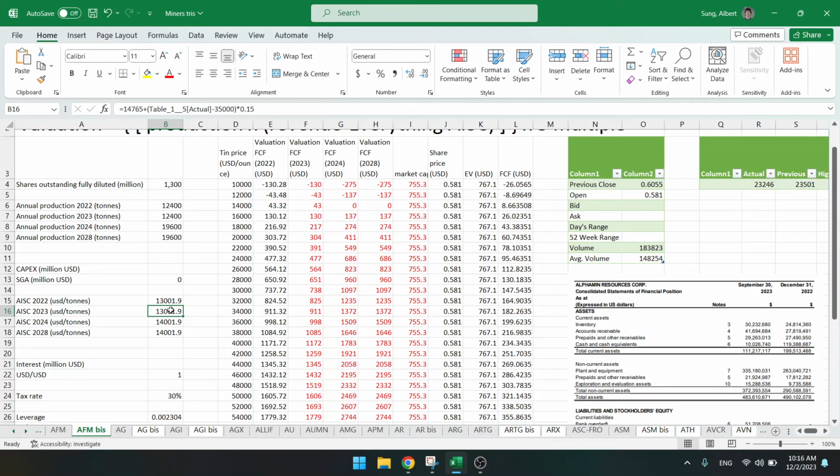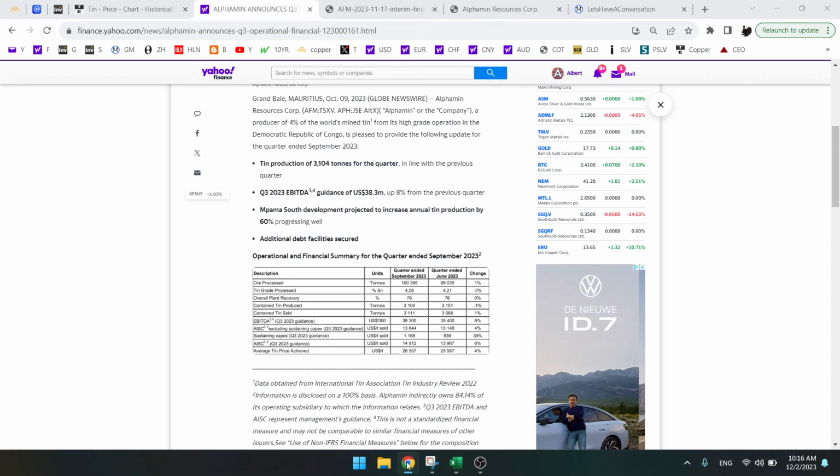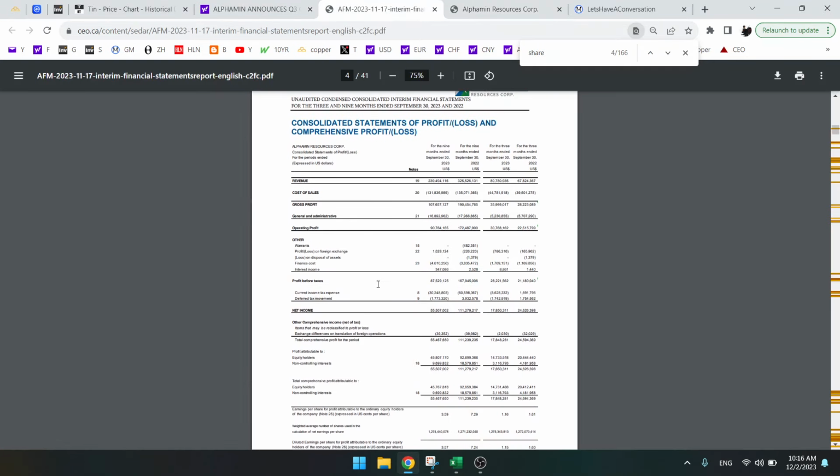Okay. Interest payments. Let's take a look. What are the interest payments? You can find that here, finance cost is 9 months, 4.6. 3 months, it's 1.76.